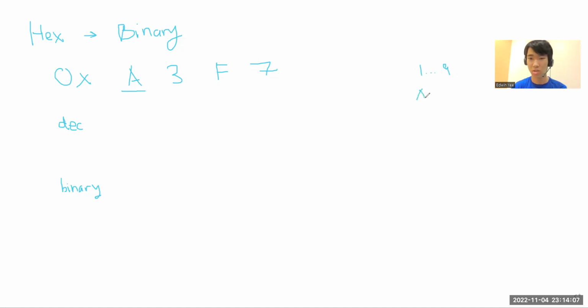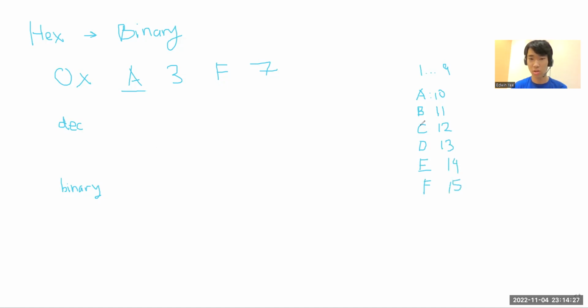So we use A instead. A represents 10. Then B is 11, C is 12, D is 13, E is 14, and finally F is 15.